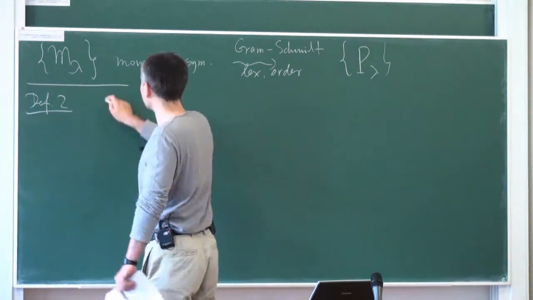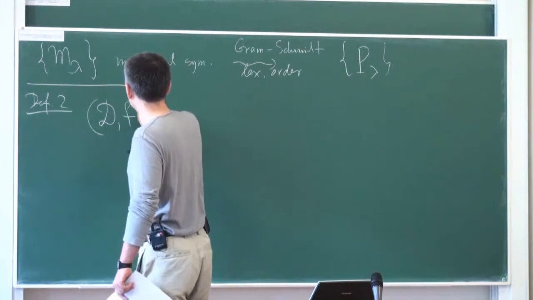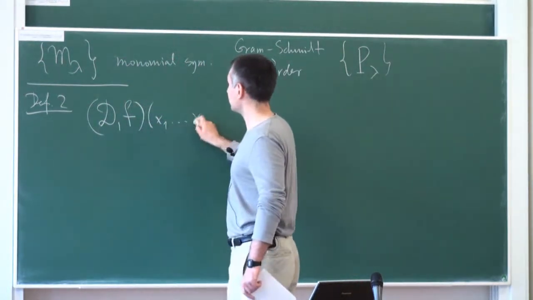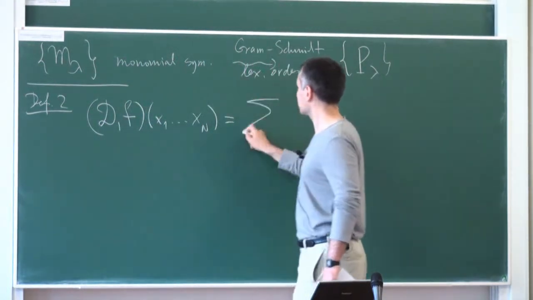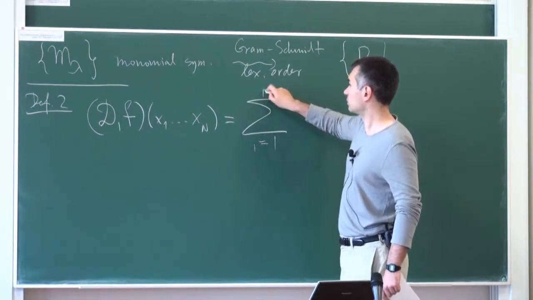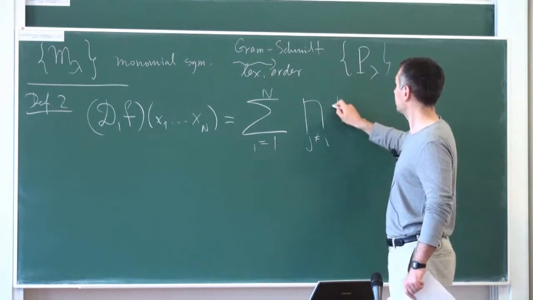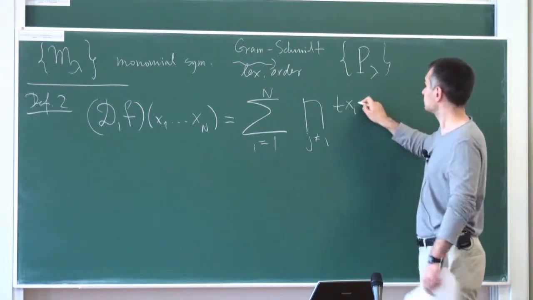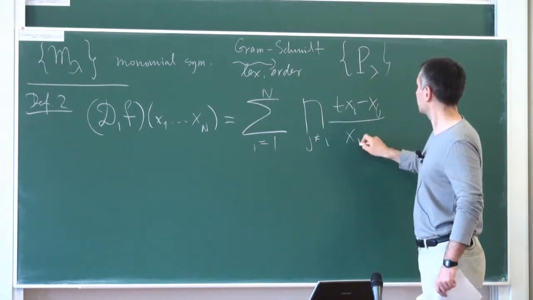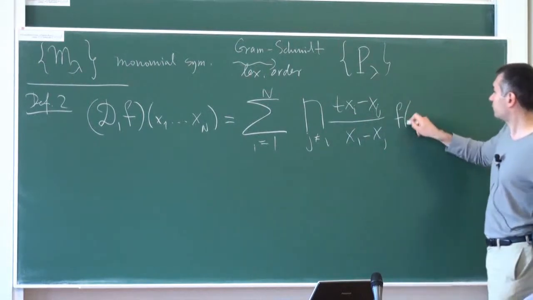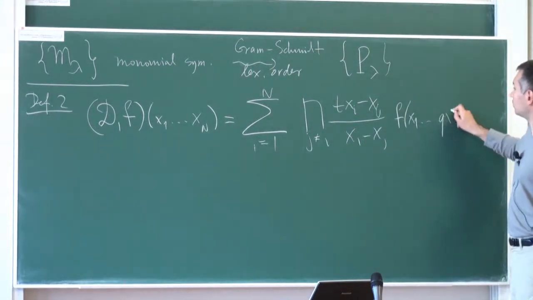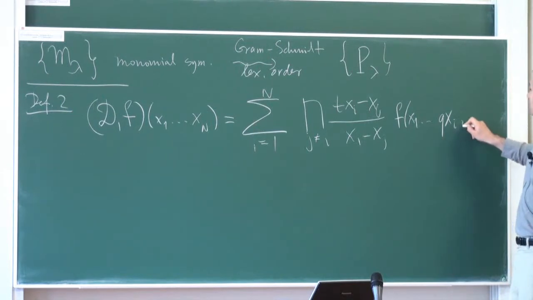If one looks at the following difference operator on functions in n variables, this is the sum, i goes from 1 to n, product j not equal to i, (t x_i minus x_j) over (x_i minus x_j), f of x1, ..., q x_i, and then the other ones are unchanged.